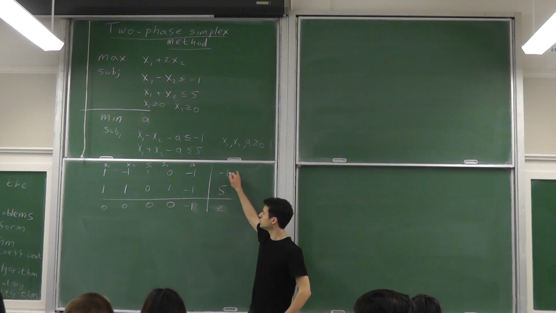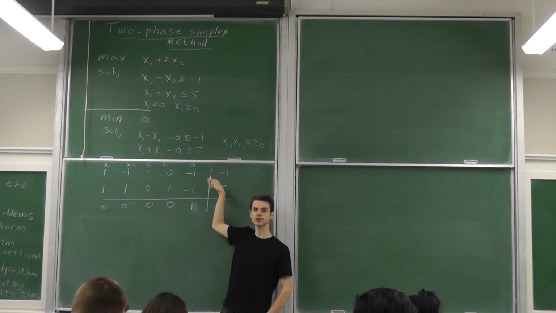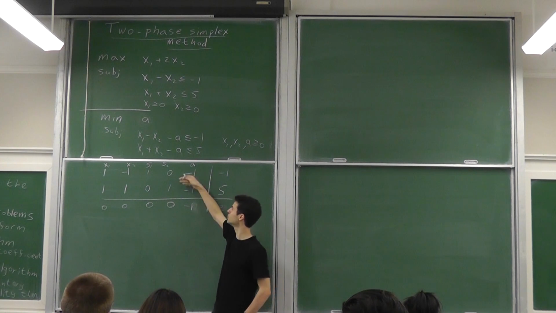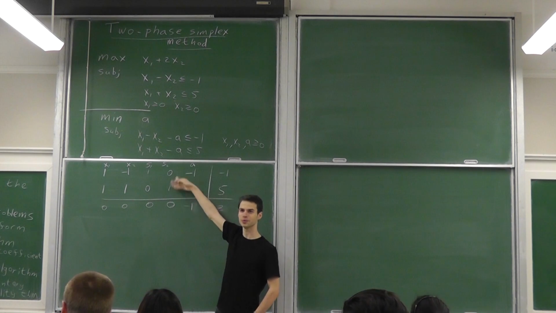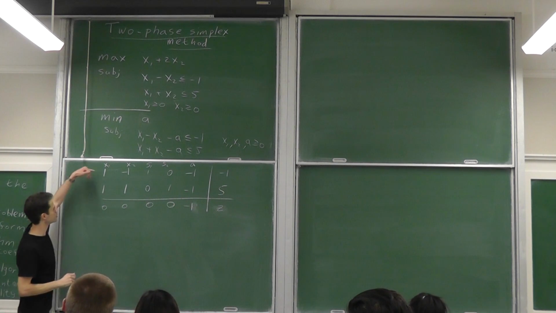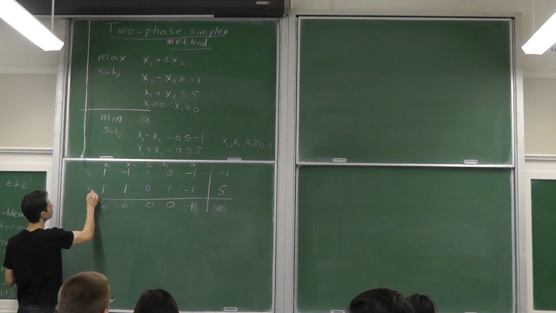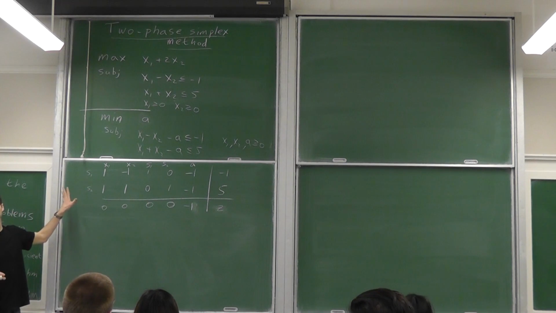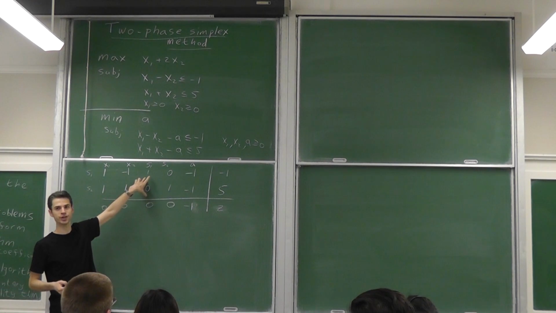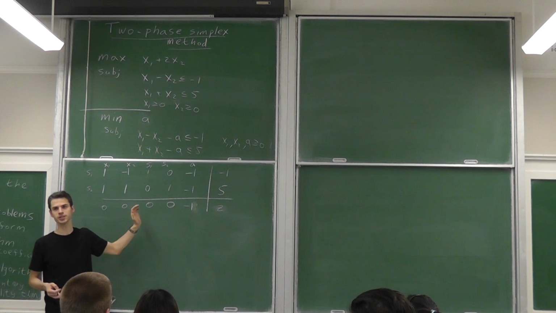In this way, it's obvious which column corresponds to what variables, so that when you come next time and look at this table, you will know what each of these numbers means. Sometimes people also write the basic variables in the corresponding rows. It's usually not necessary. You can see from the table which variable is basic. Say here it is 1, 0, 0, so this variable is definitely basic.